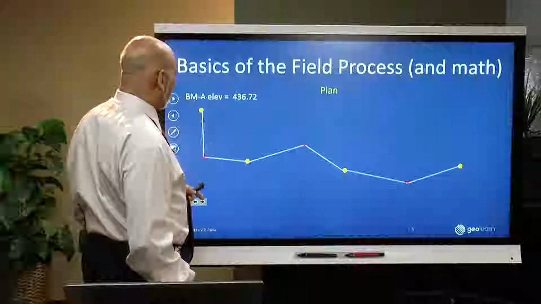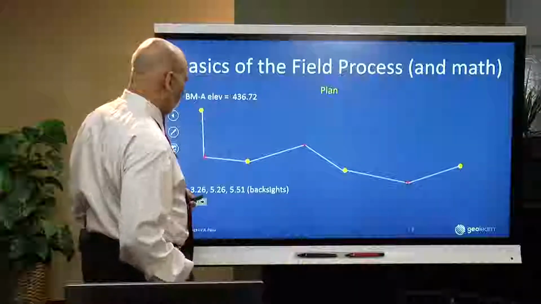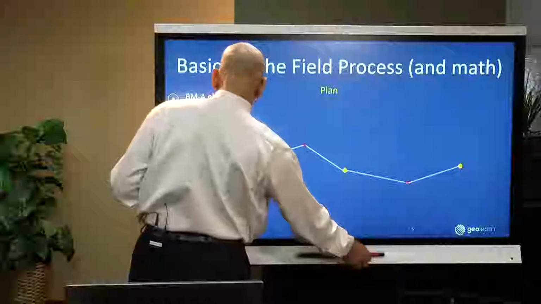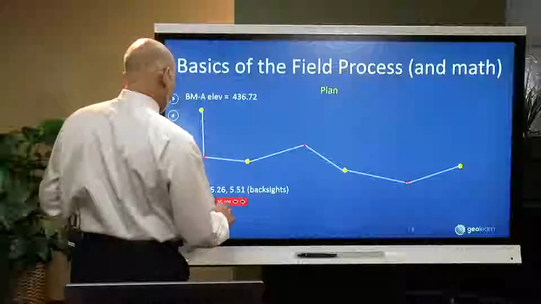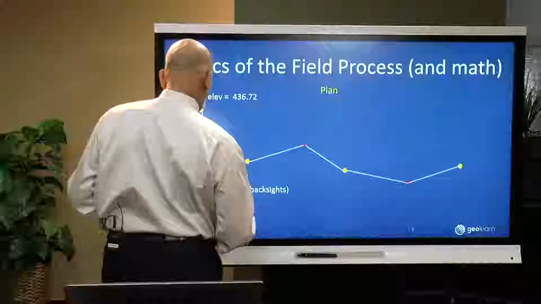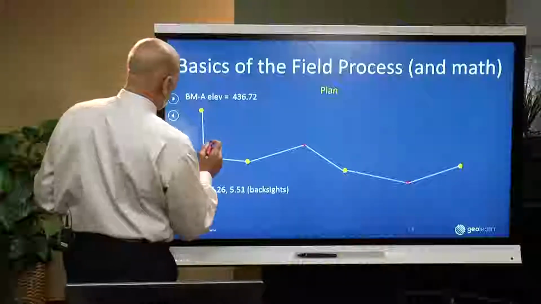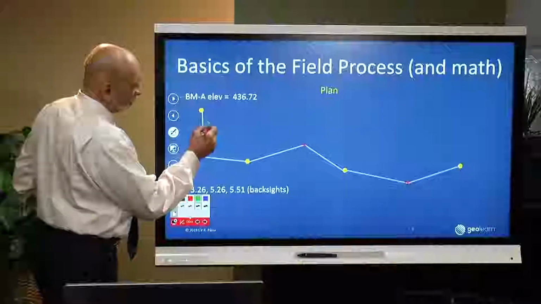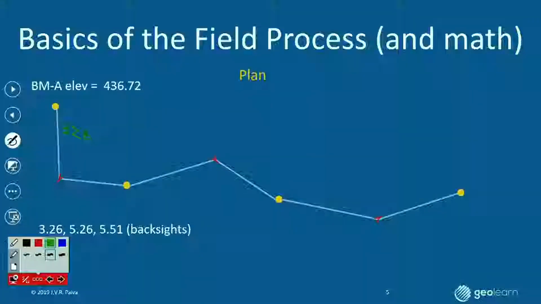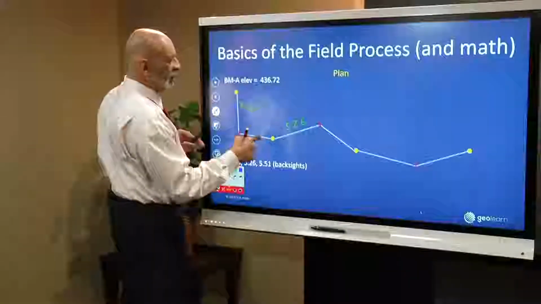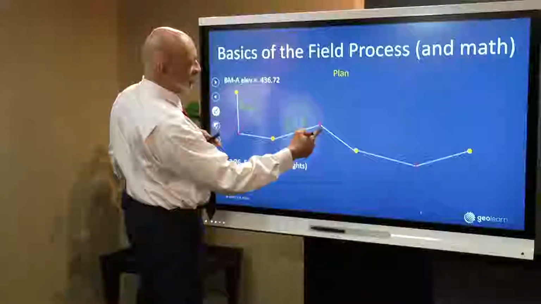And so typically what we would do is write rod readings, we might write 3.26 here and 5.26 here, because what's happened is we were set up here, we backsighted the benchmark, we foresighted it, then we pick up the level and move it over here.